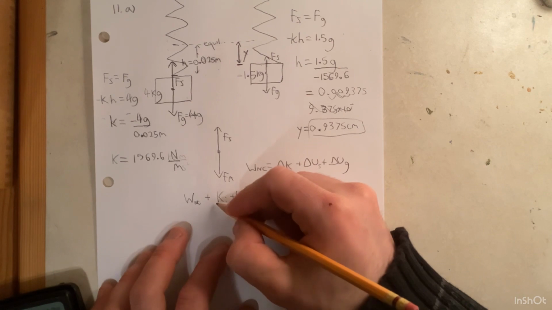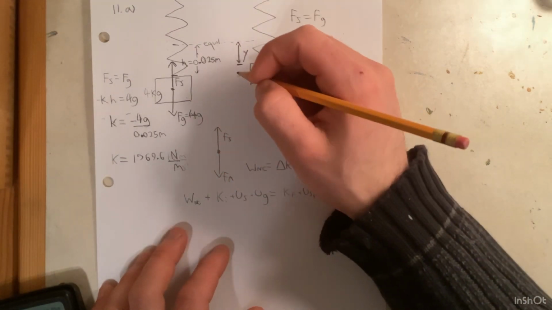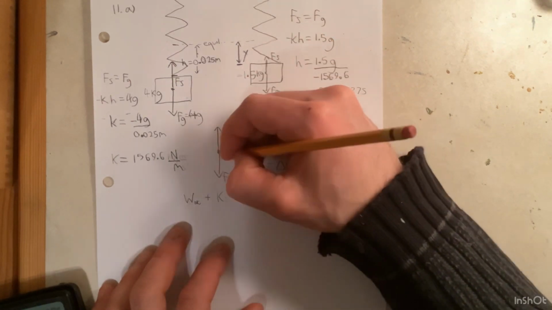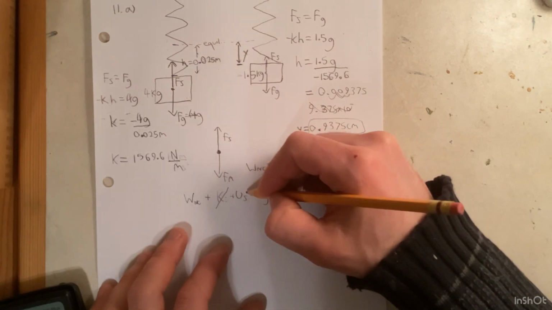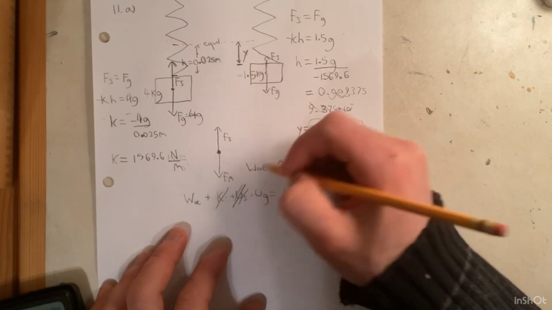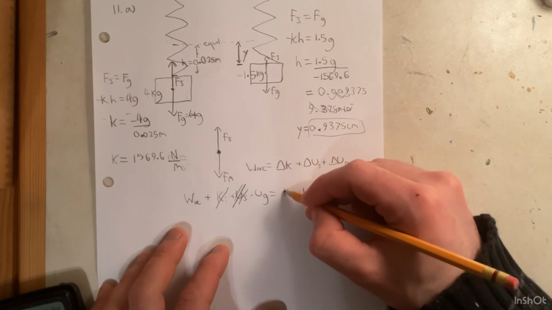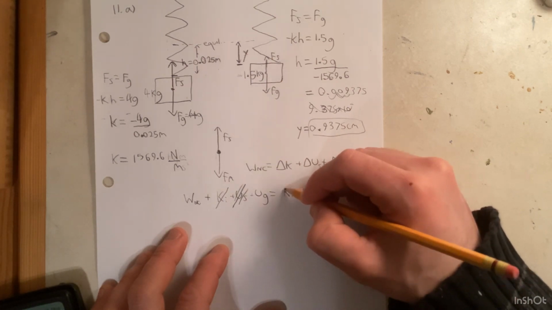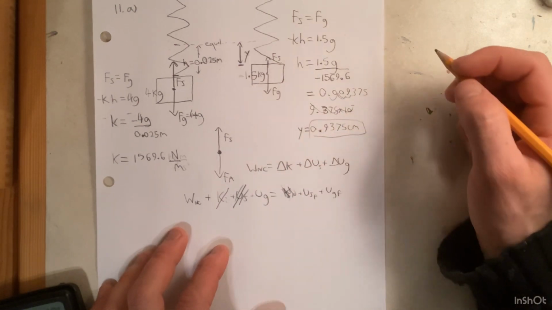Initially it's just hanging in equilibrium. There's no weight, so it's just a spring from what I understand. If it's in equilibrium, there's going to be no spring force because x would be equal to 0. It's not going to be moving, so let's say there's no final kinetic energy.